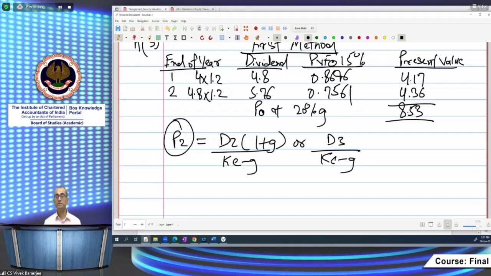The dividend received at the end of the third year, D3, which is D2 multiplied by the growth rate, will be discounted to arrive at the present value at the beginning of the third year.